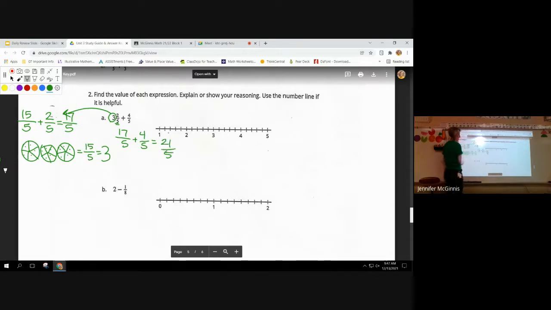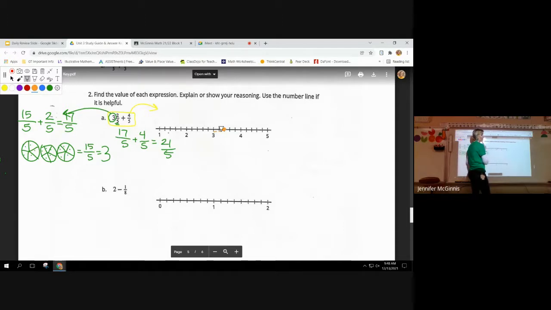21/5. Now, how can we take this and plot it on the number line? We're going to take the 3 2/5 and we're going to put it right here. Is that fine? Mhm. 1, 2, 3, 2/5.